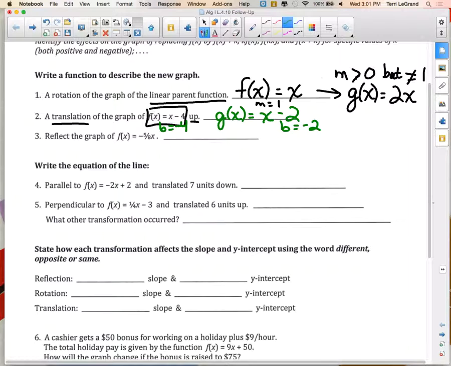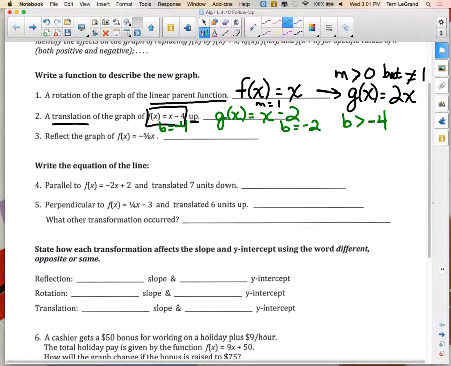The y-intercept. So as long as b is greater than -4 in your equation, you have a good one. It can't be -4 though, right? Because then it would be the same. If it was less than -4, now we just dropped it down instead of up. Okay, so as long as your g of x has a b value of greater than -4, you've got it.